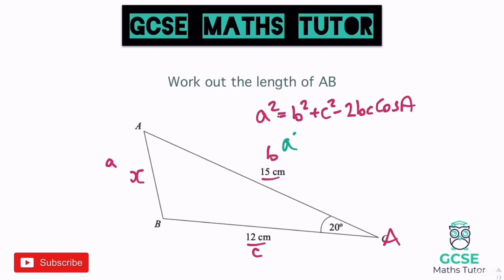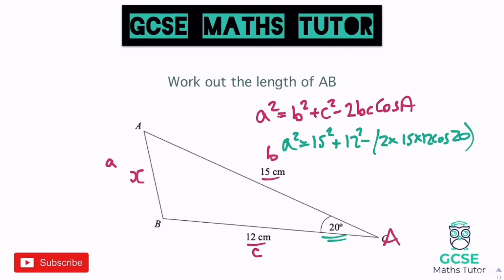So a squared equals b squared, which is 15 squared, plus c squared, which is 12 squared, minus, and I'm going to stick this bit in brackets, 2 times 15 times 12 cos A, which is down here, which is 20. There we go. Right, so sticking that all in the calculator, let's have a look what we get.